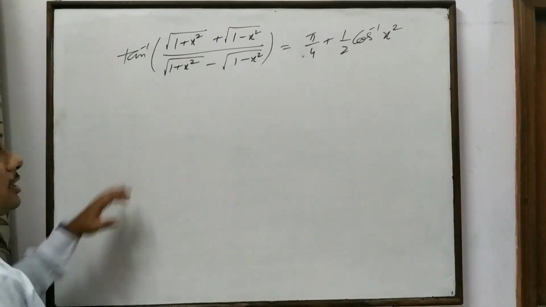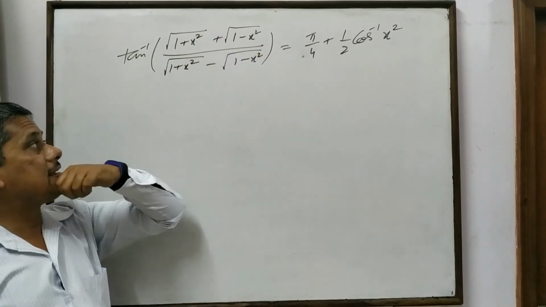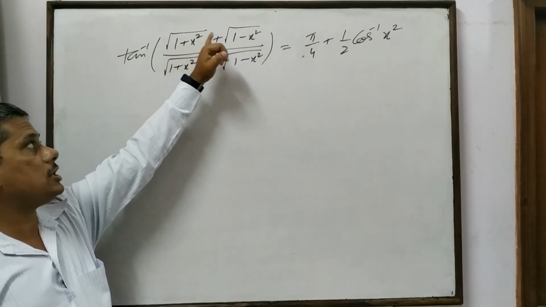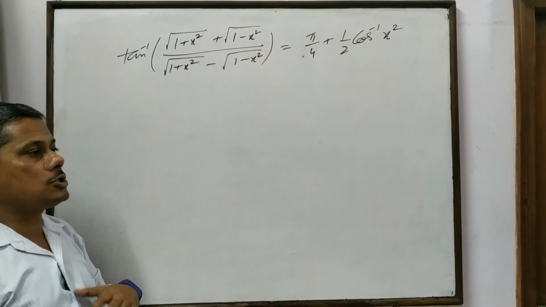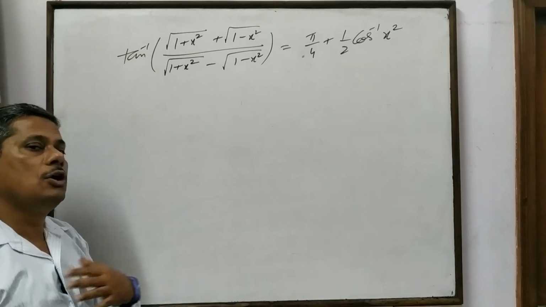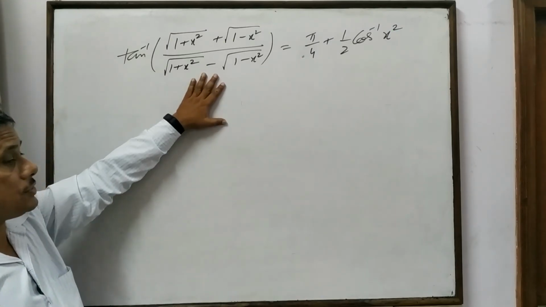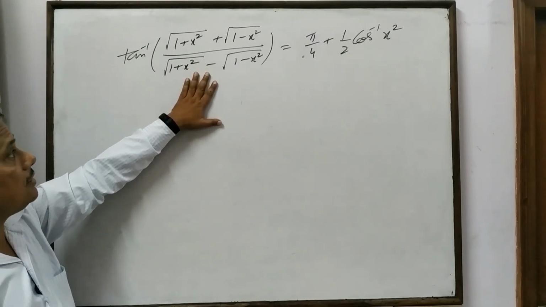Now, if you look at the question, under root 1 plus x square and under root of 1 minus x square, you have both the expressions, a square plus x square as well as a square minus x square. So you may get confused whether to substitute x is equal to sin theta or x is equal to tan theta. But in this kind of questions, we neither put x is equal to sin theta nor x is equal to tan theta.